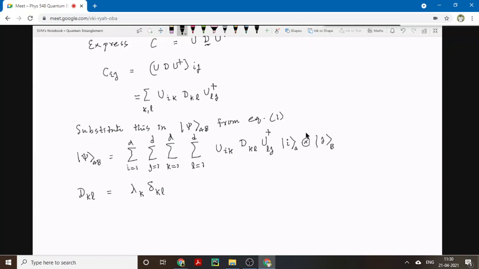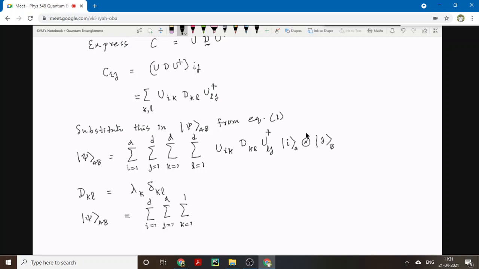That means if you write that here, then one of the summations will go, because only the l equal to k term will survive. So psi AB is equal to sum over i equal to 1 to d, sum over j equal to 1 to d, sum over k equal to 1 to d.